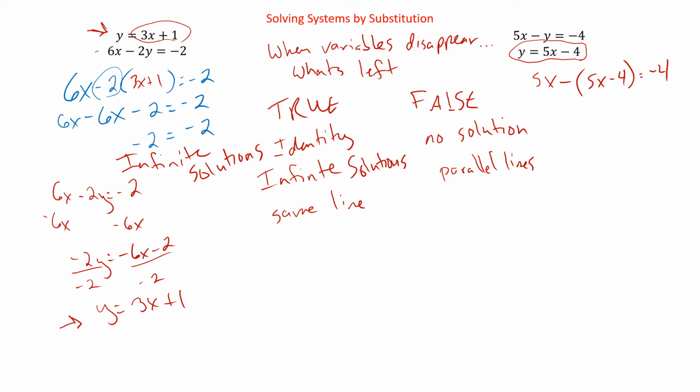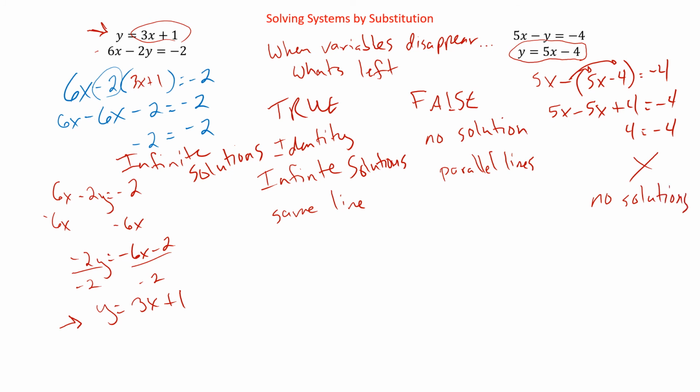No, always do the math. We're going to distribute that negative sign. So we get 5x minus 5x plus 4 equals -4. 5x minus 5x is 0, so we have 4 equals -4, which is not a true statement, and so this is no solutions.